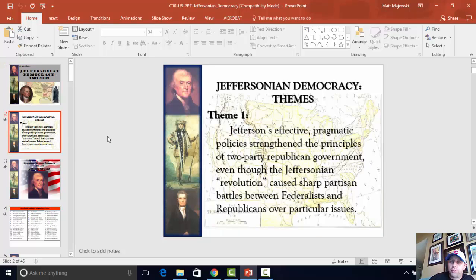This is the theme of the overall notes, and it's really kind of straightforward. Jefferson's pragmatic, effective policies. Effective policies are pretty obvious.